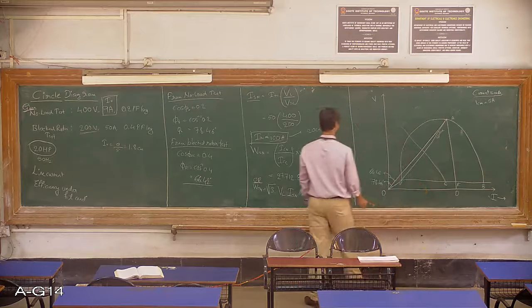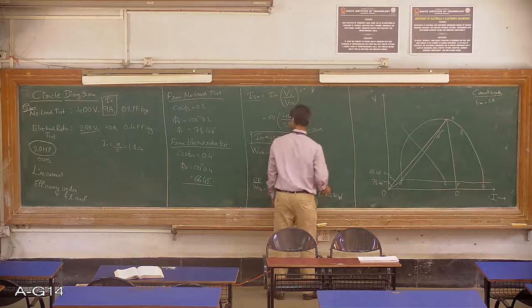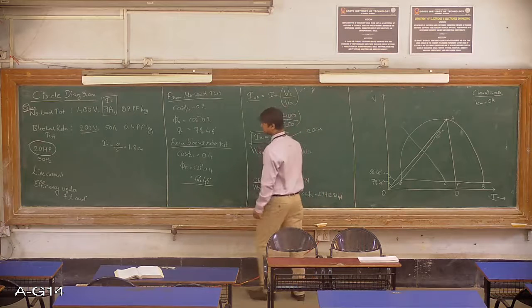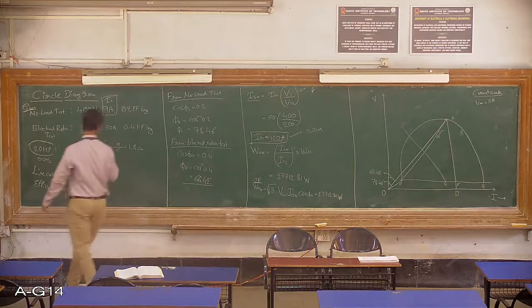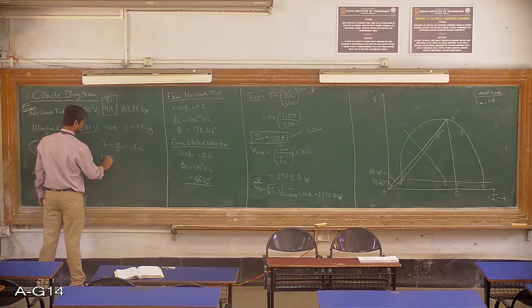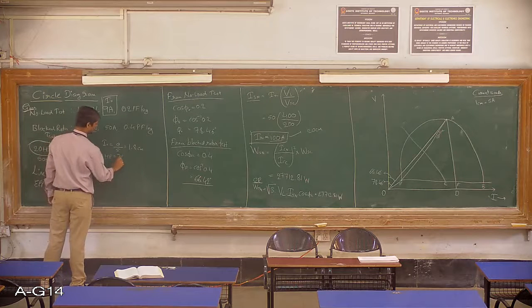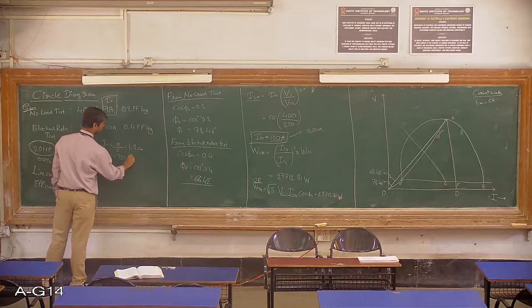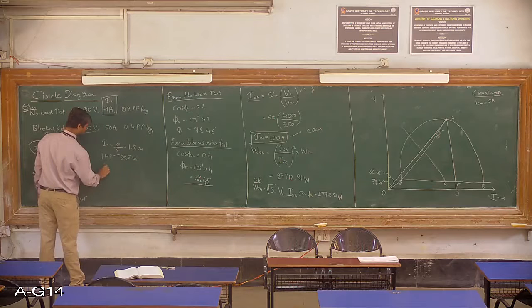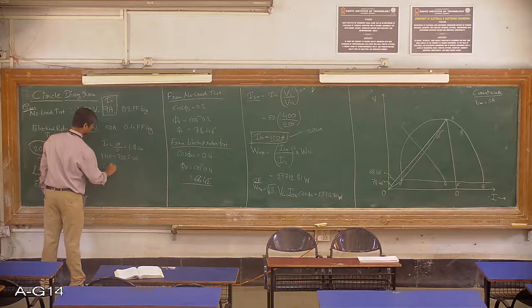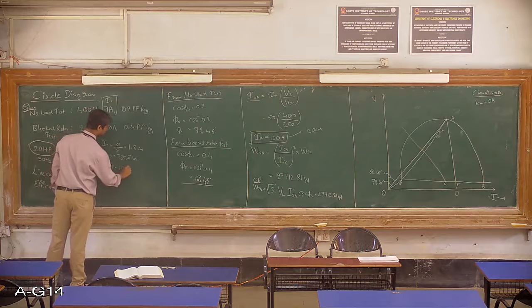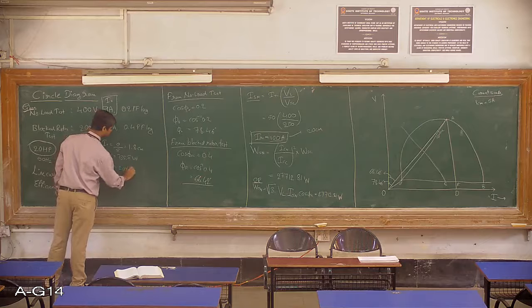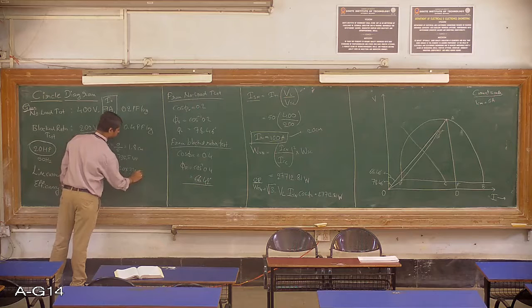So now, 20 HP means, 1 HP is equal to 735.5 watts. Now 20 HP is equal to 20 into 735.5 watts.